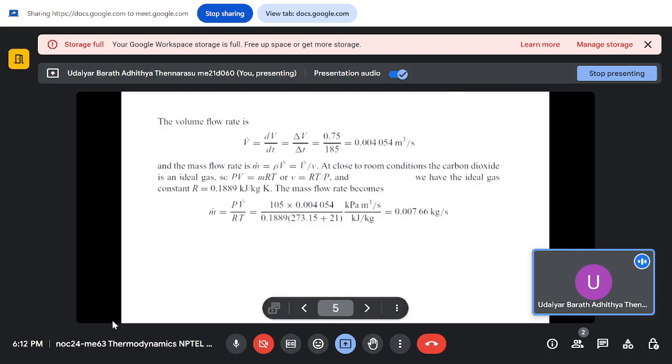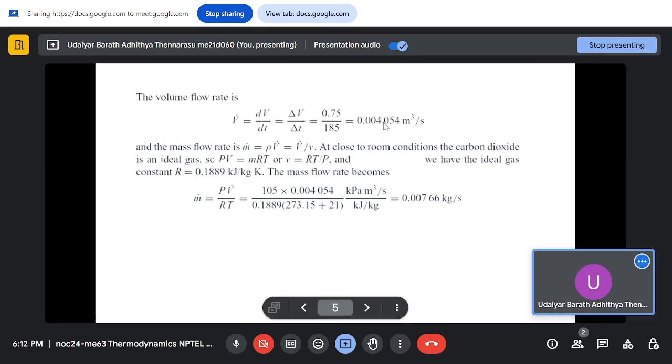The volume flow rate is nothing but the change in volume by change in time. So the change in volume is 0.75 meter cube, divided by the period of 185 seconds, which equals 0.004054 meter cube per second. This is the volume flow rate for the CO2.